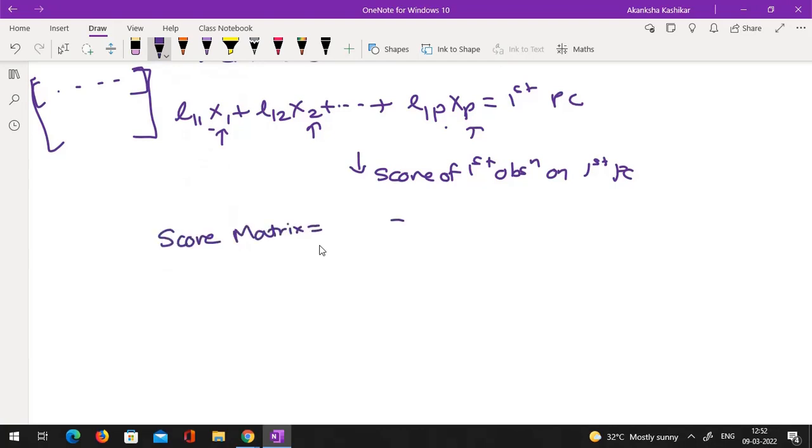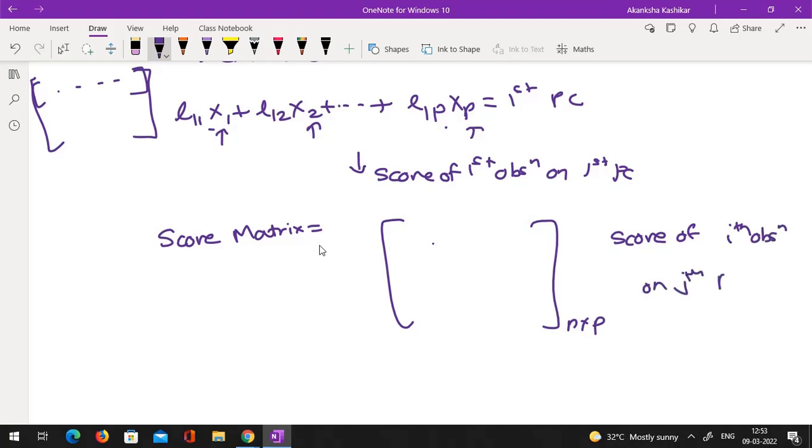The score matrix is of the same order as the original data, that is n cross p, where the ijth entry is the score of the ith observation on the jth PC. You compute these scores by using the eigenvectors.